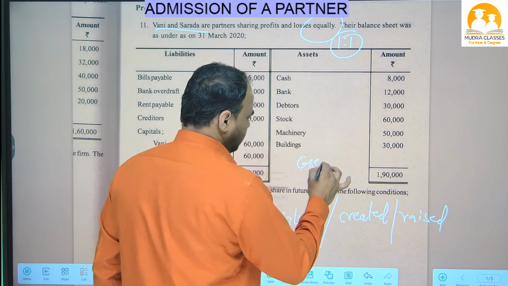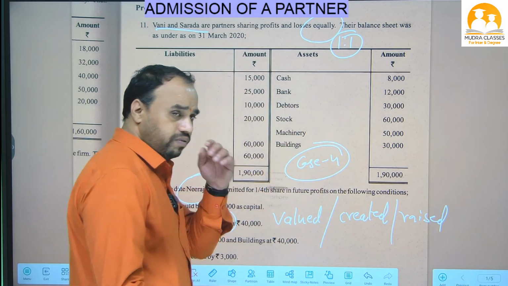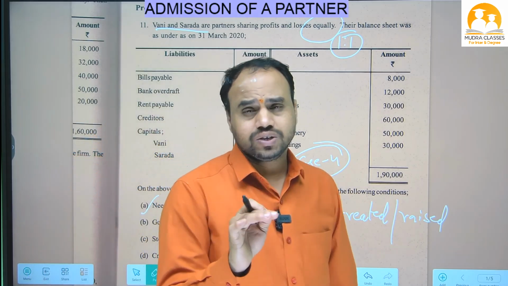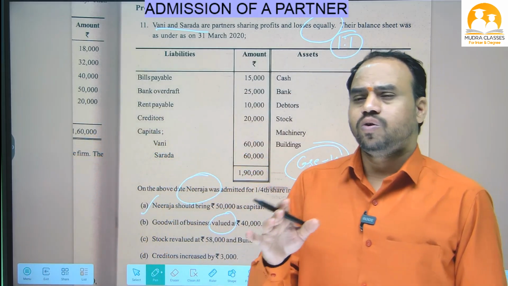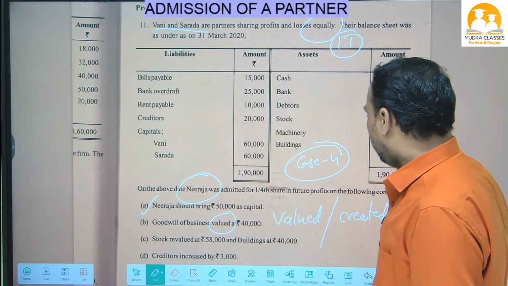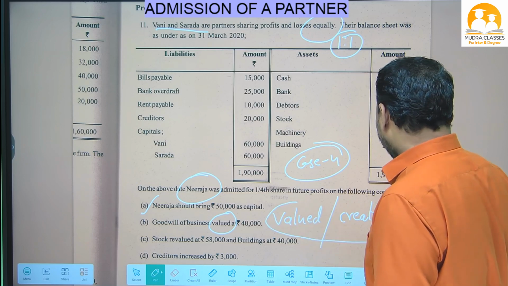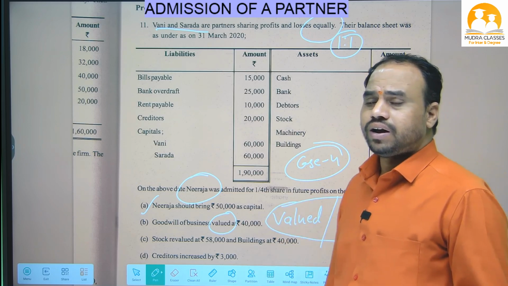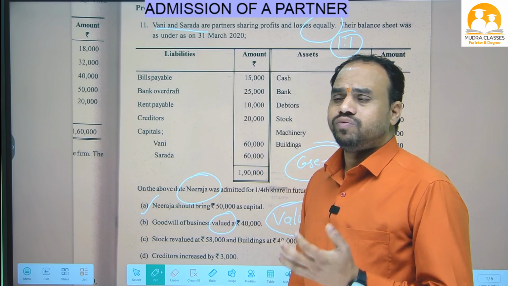So only one journal entry will come for this case 4, that is goodwill account debit to old partners capital account. We have to distribute goodwill in the old ratio. Case 4 comes when the new partner does not have money to bring the goodwill into the business in cash.